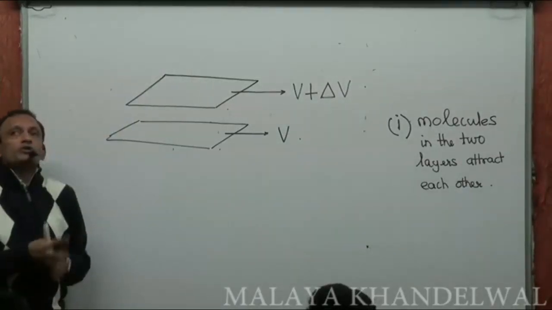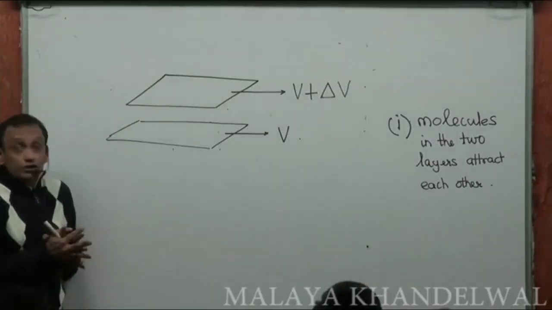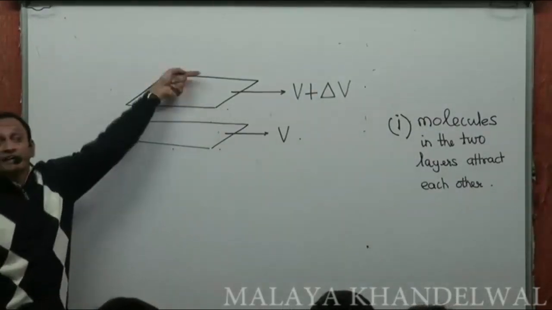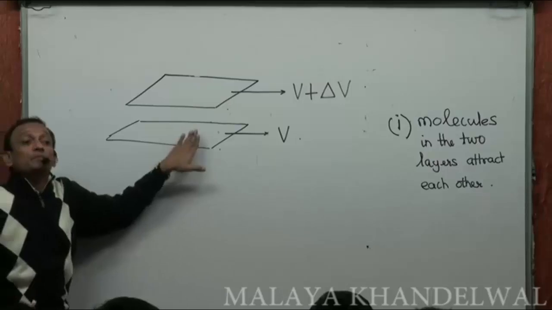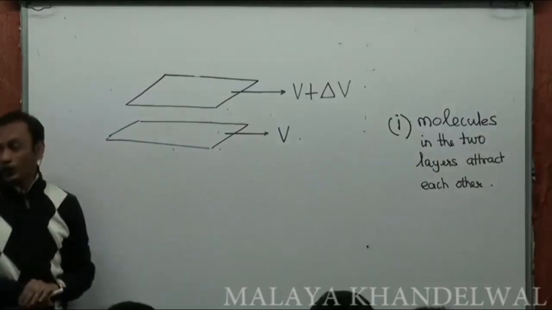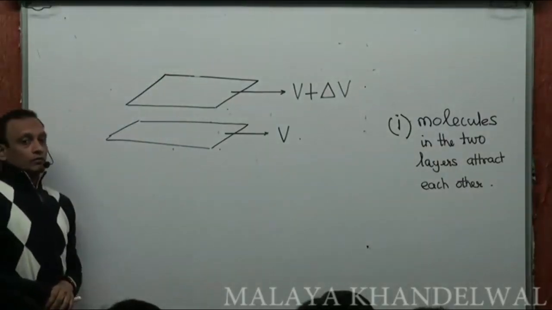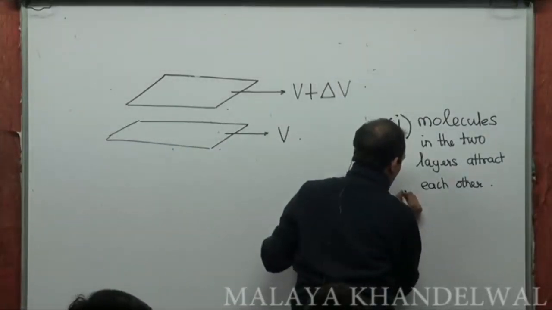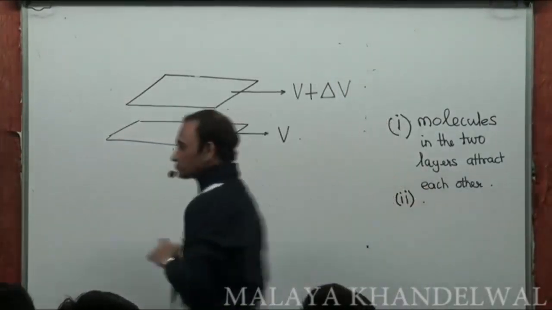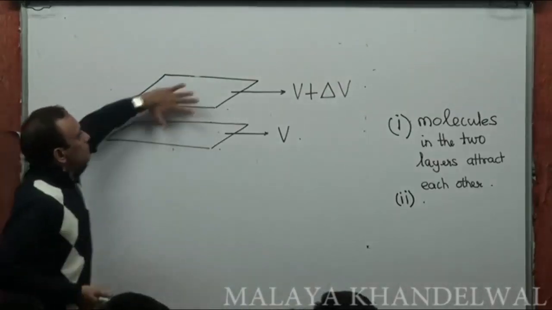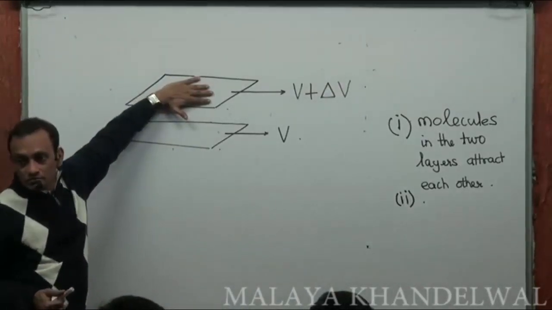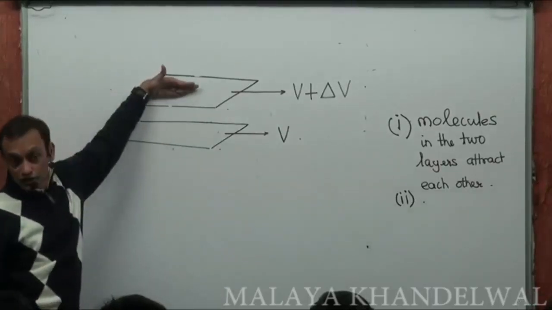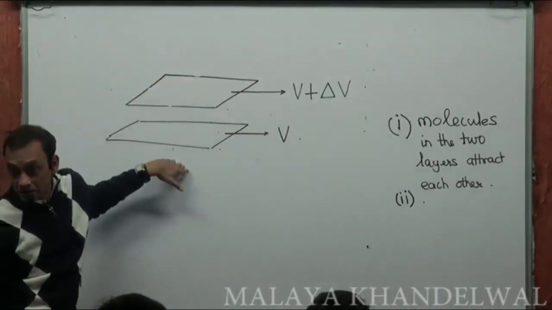When the molecules attract each other, it would to a certain extent impede relative motion between the two layers. The second thing that happens is the molecules here have a certain momentum. The momenta of molecules here is higher than the momenta of molecules there, right?